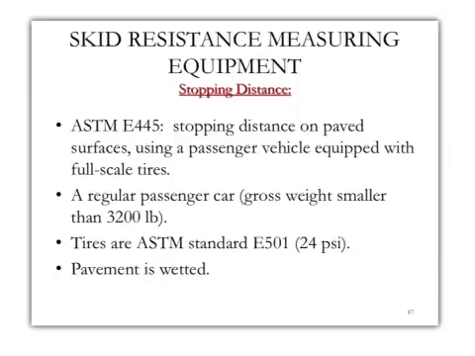Basically, we would have a regular passenger car with a gross weight smaller than 3,200 pounds, and ASTM standardized tires with a tire pressure equal to 24 psi. And as I mentioned before, the pavement has to be wet to represent the worst-case scenario to measure skid resistance.